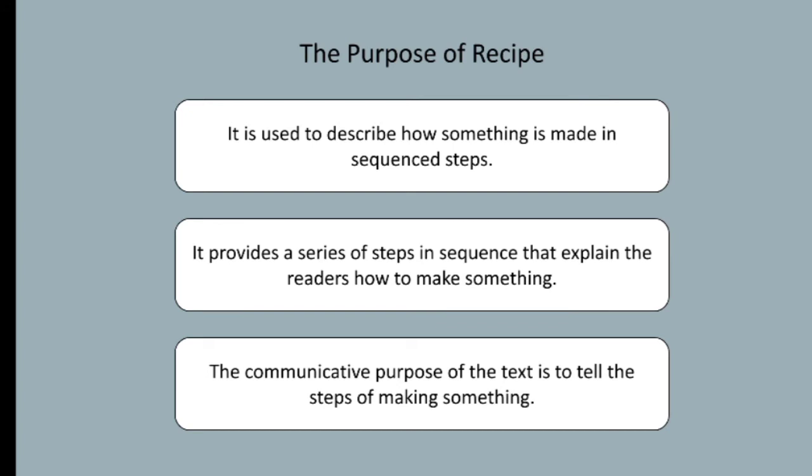And now this is the purpose of a recipe. The first one, it is used to describe how something is made in sequence steps. And it provides a series of steps in sequence that explain to the reader how to make something. And the last one, the communicative purpose of the text is to tell the steps of making something.